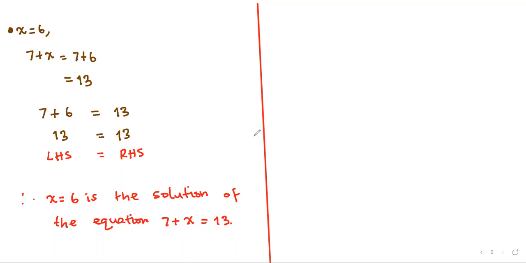In other words, you say that this number satisfies the equation. Do you understand it, students? Yes. Okay. That's why when I left you, I gave you some practice.